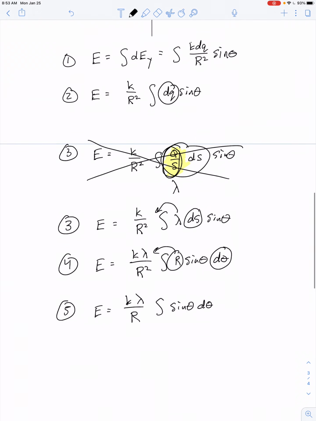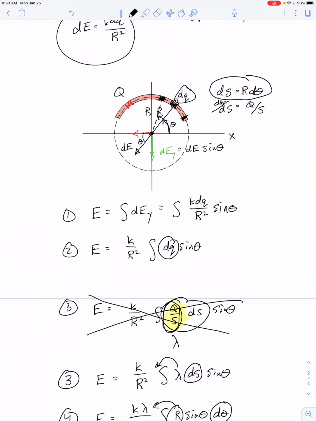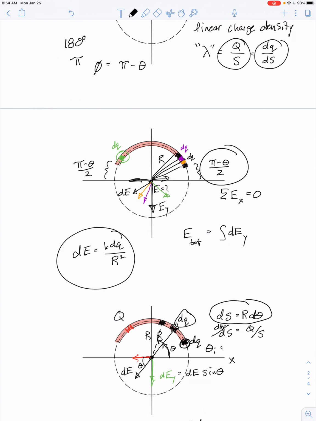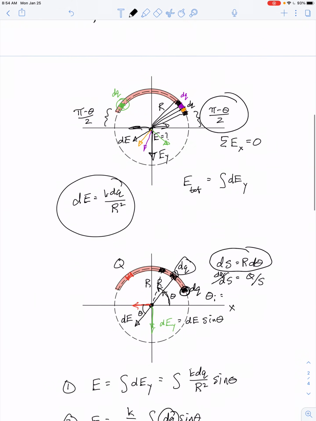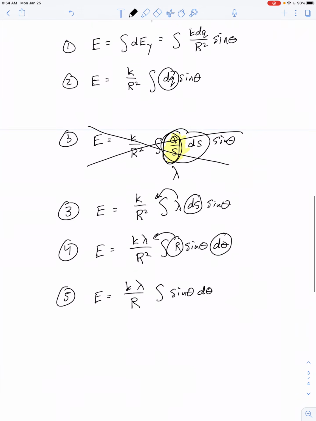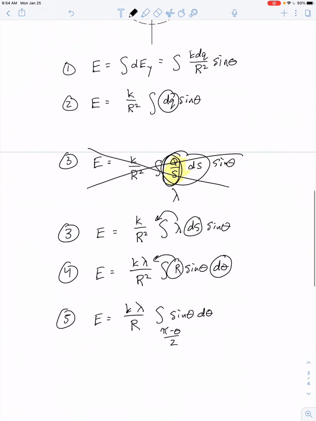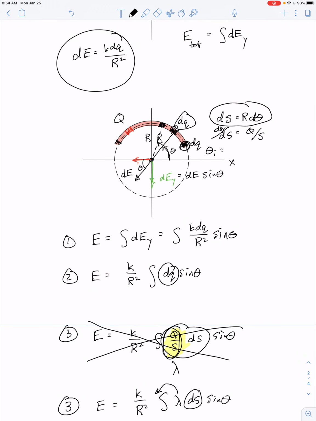Now, what are our limits of integration? Well, our very first contribution to the overall field comes from this piece of charge. That initial angle would be the one we defined earlier, right, by the symmetry of pi minus theta over 2. And then, of course, our last one has that same angle remaining.